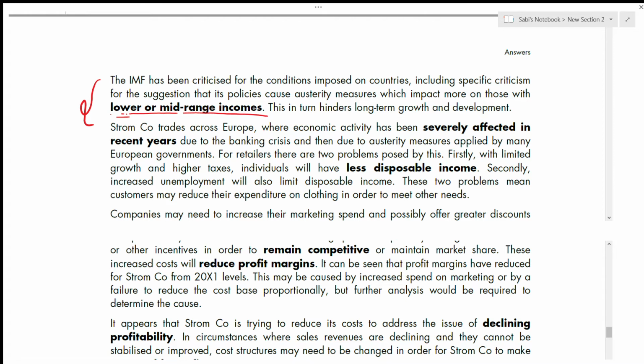They didn't stop at the roles and aims of the IMF and start discussing austerity measures immediately. You're not supposed to do that. You are first supposed to create that link, how that austerity measure is coming. Then only you can show how it is having a negative impact, right? So this is that link: link between IMF and austerity.